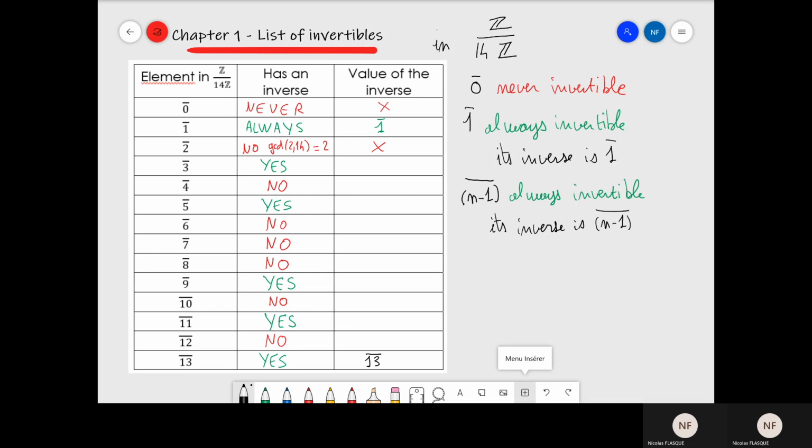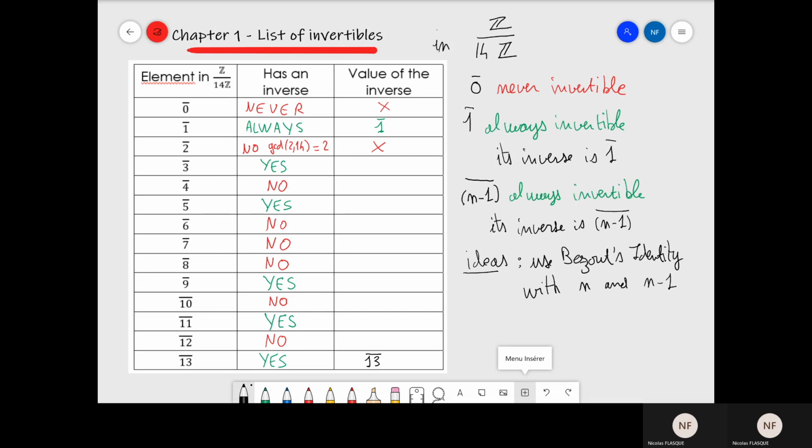So you can try to check why n minus 1 bar is always invertible and is always its own inverse. I give you 2 ideas. Try to make a little proof of it. Use Bézout's identity with n and n minus 1.